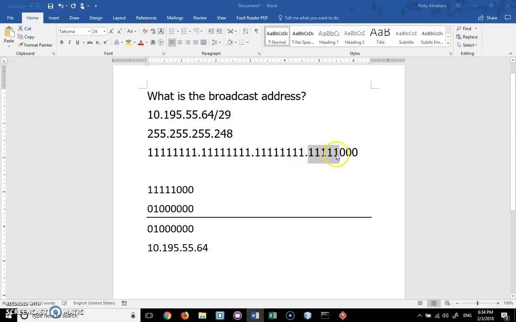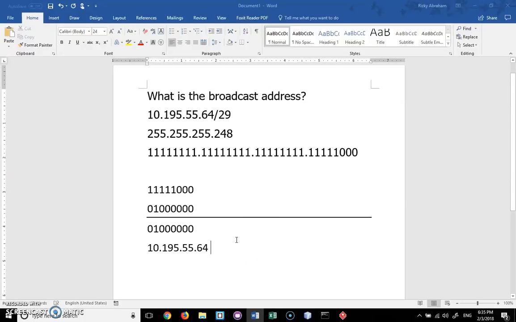So the increment would be the last number 1 over here, on the 1, 2, 3, 4, 5. The 5th place right here would be 64.